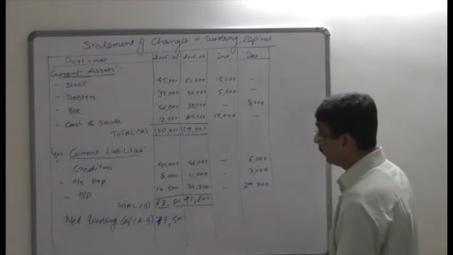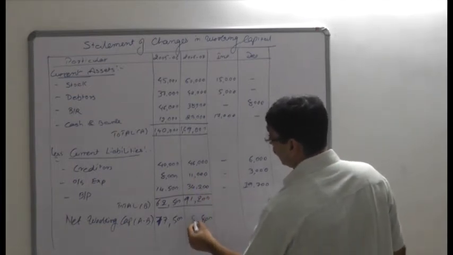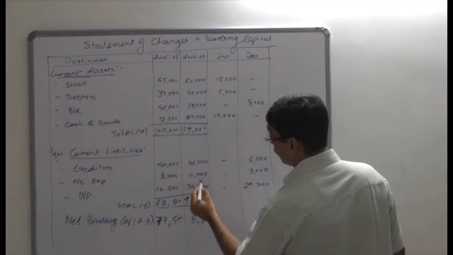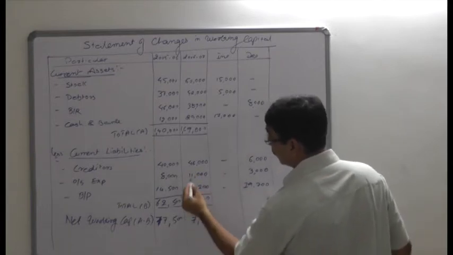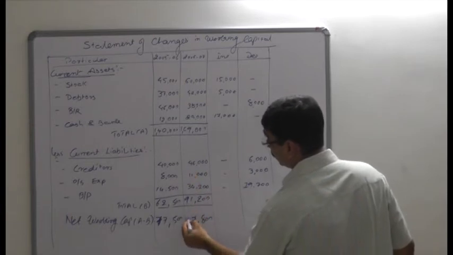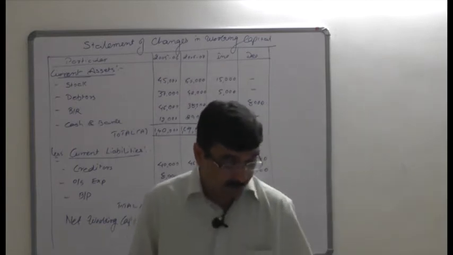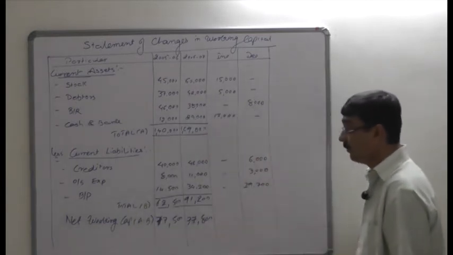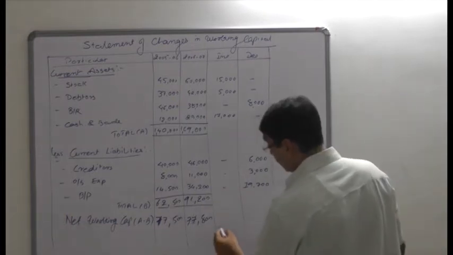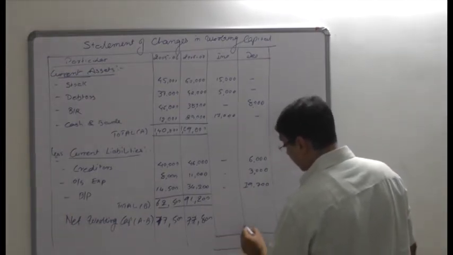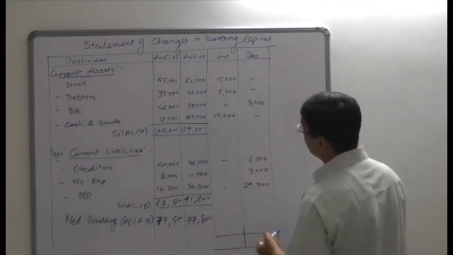In the other year, it is 77,800 rupees, the difference of net working capital between the current assets and current liabilities for the year 2006-7.